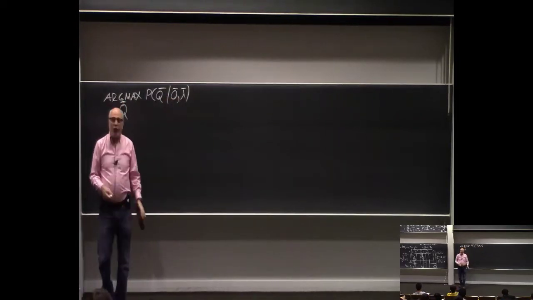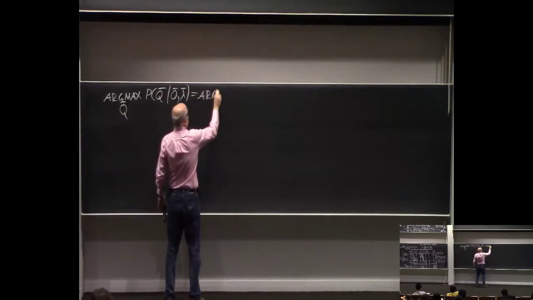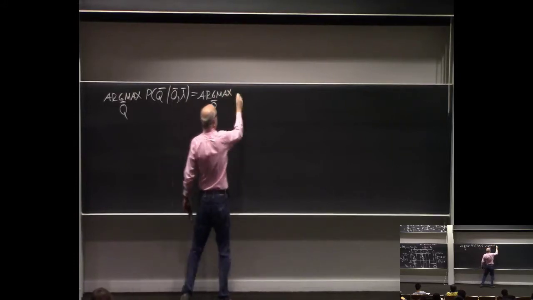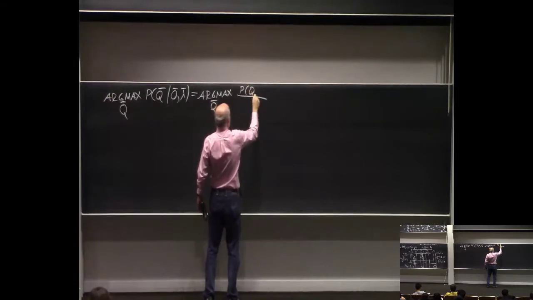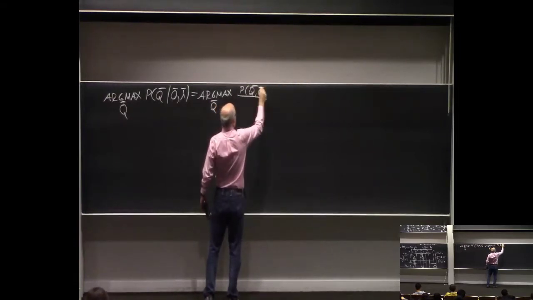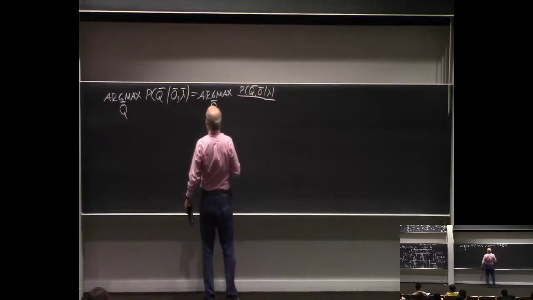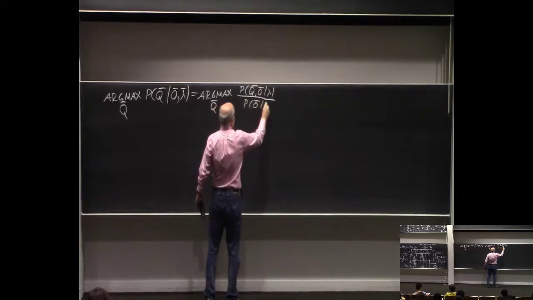I'm going to play a little trick here. I'm going to write it as argmax over Q of P of Q and O given the model, divided by P of O given the model.